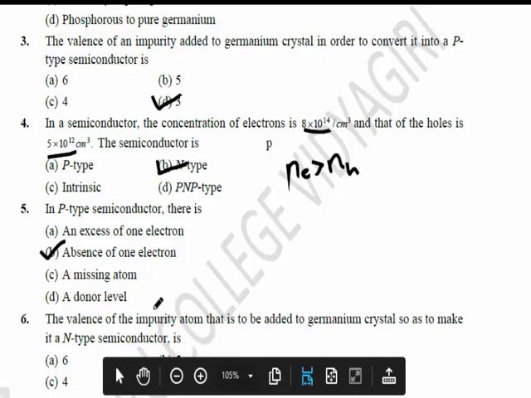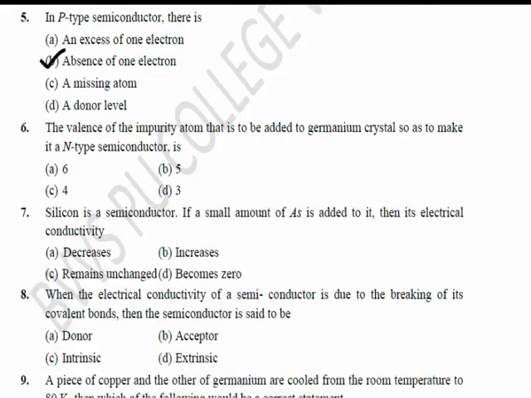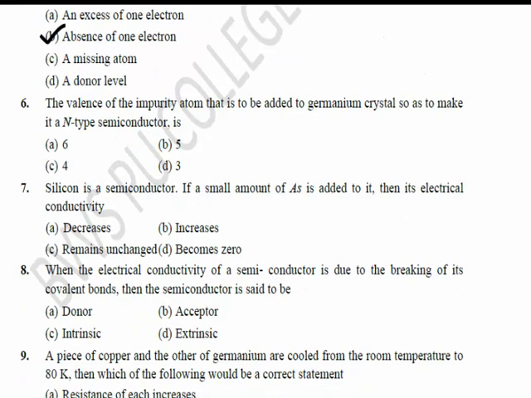Okay, next question, sixth question. The valency of impurity atom that is to be added to germanium crystal so as to make it an n-type semiconductor is, we have to add a pentavalent impurity atom.